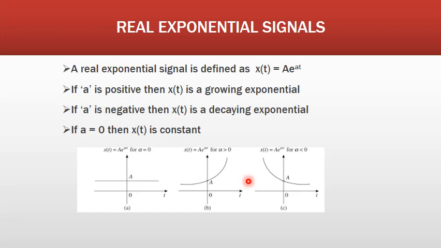It is shown in figure C. And if a is equal to 0, then x of t is a constant signal. If a is equal to 0, we will get e power 0. E power 0 is equal to 1. 1 into A is A. So, we will get a constant DC signal.